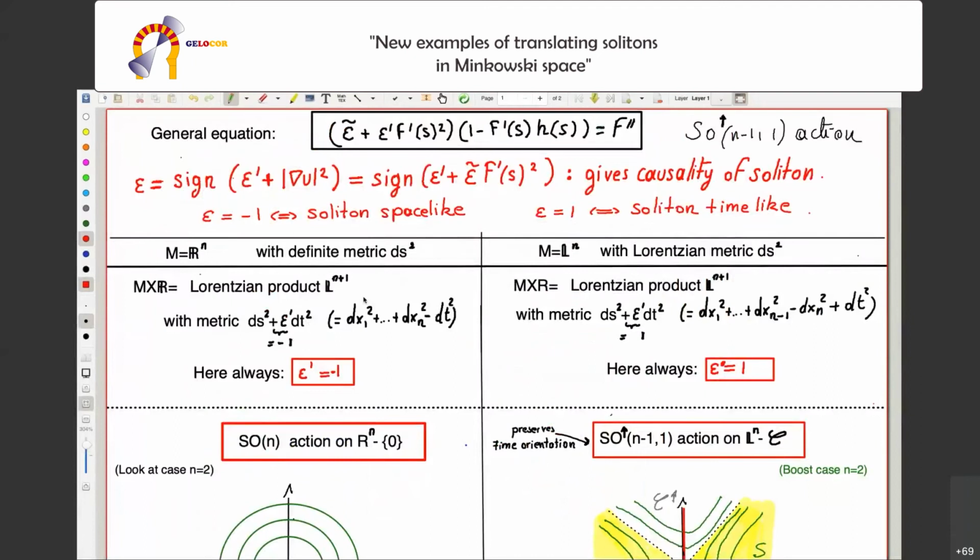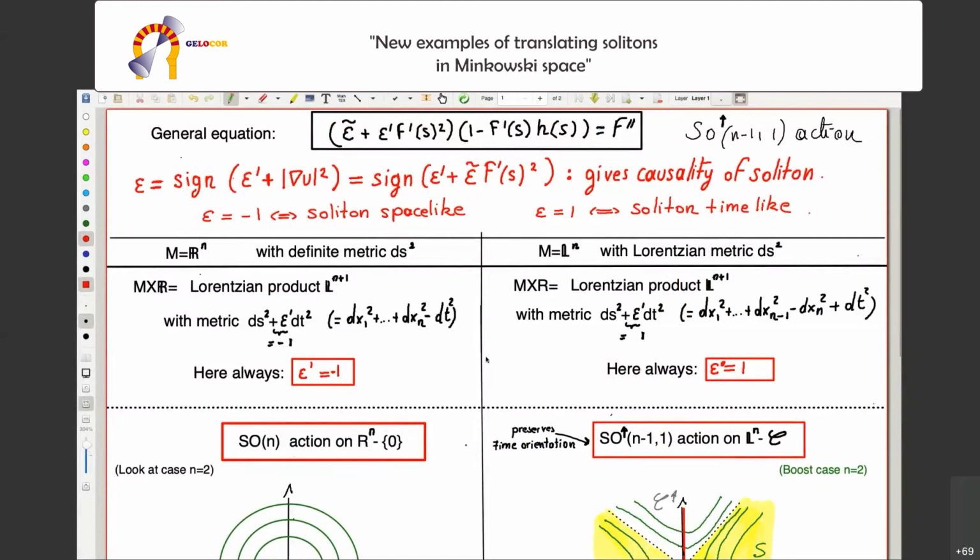I can see it. Okay, so this is my general ODE for an arbitrary submersion when I have a group action. And we are going to look at two examples: an SO(n) action on R^n minus 0, and this action here of the boost group in the case n equals 1 on a Lorentzian manifold minus a cone.